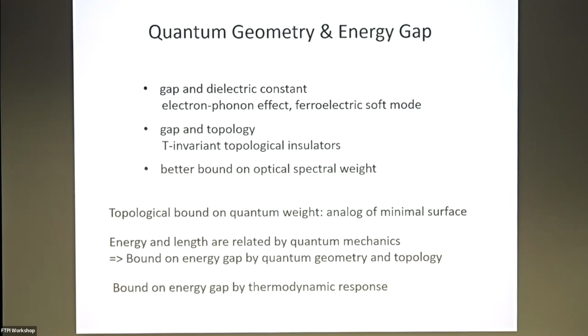And that will show up in optical response. Also, quantum mechanics relates length scales to energy scales. That's why a bound on the quantum weight further leads to a bound on the energy gap. And finally, separate from that, the energy gap can also be related to the thermodynamic response, the dielectric constant. Thank you.